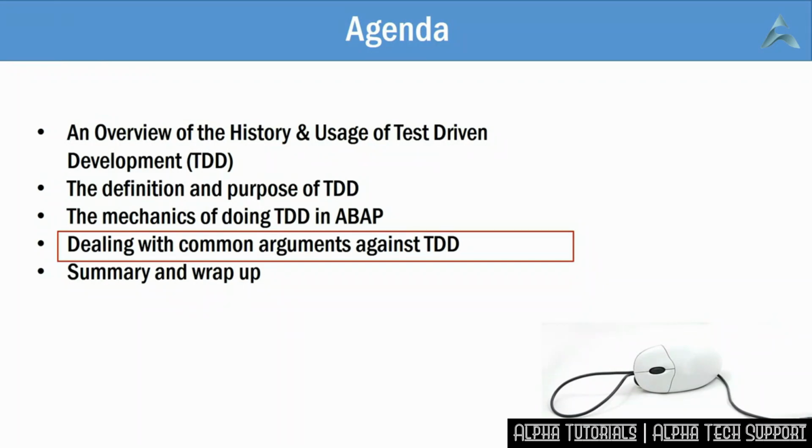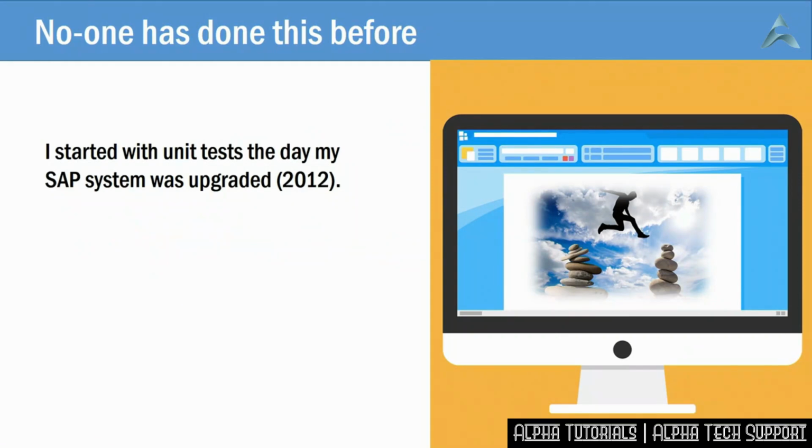So, in this section, we'll deal with some common arguments against the whole idea. Each lesson in this section addresses a common argument against TDD, or unit testing in general.